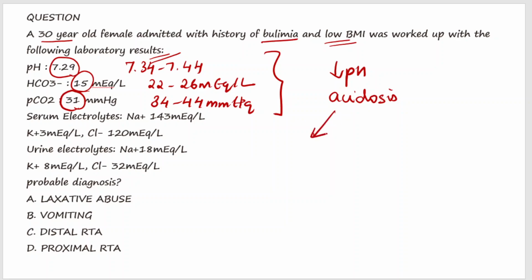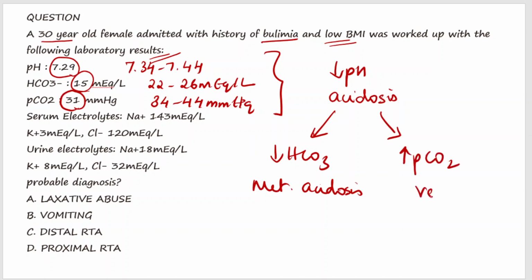If the decrease in pH is associated with a decrease in bicarbonate, then you call it metabolic acidosis. If the decrease in pH is combined with an increase in PCO2, then you call it respiratory acidosis, the respiratory cause for acidosis.